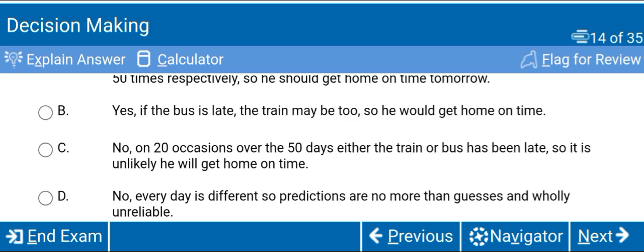Option D, no. Every day is different, so predictions are no more than guesses and wholly unreliable.